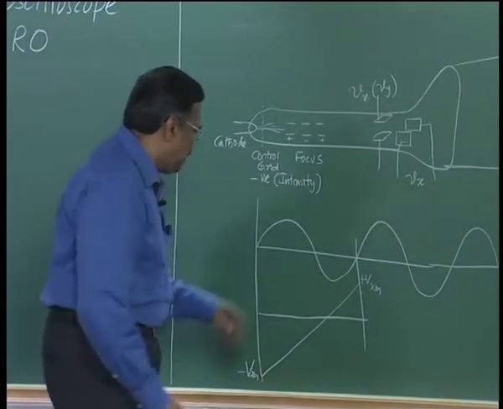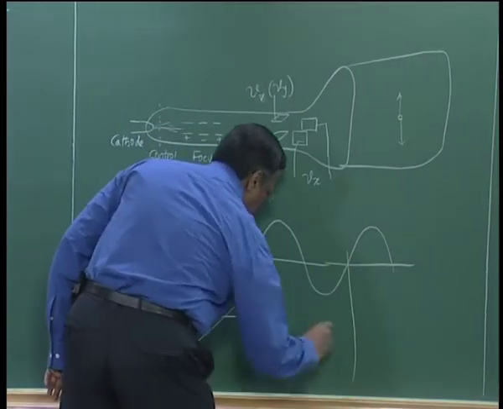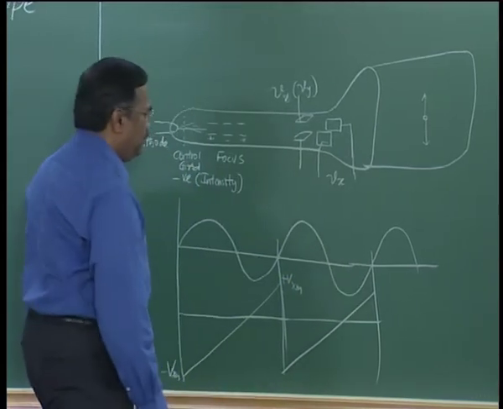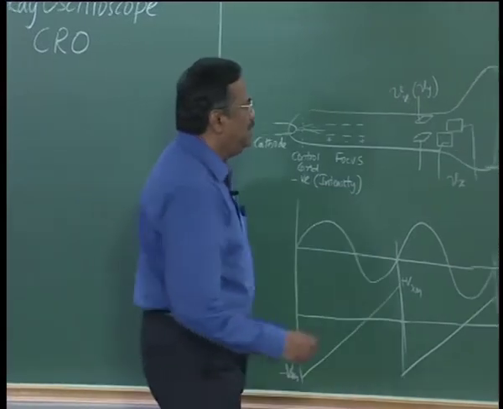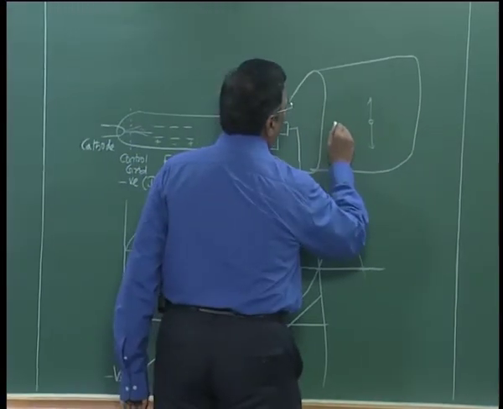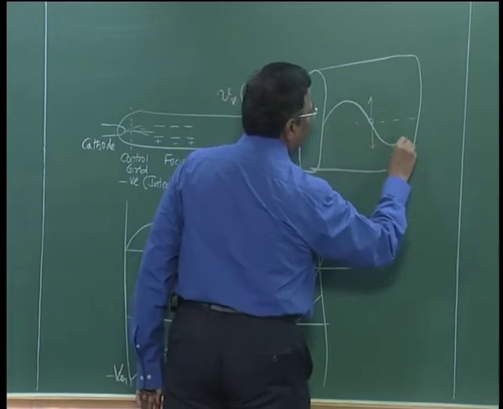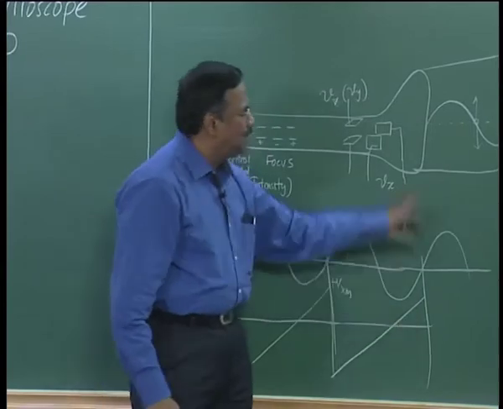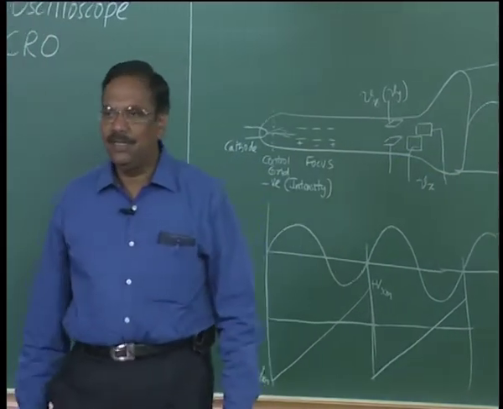If we do this, and of course we do it every cycle, we display the waveform. If I make this sawtooth wave span 2 cycles, we will have 2 cycles on the screen, right.